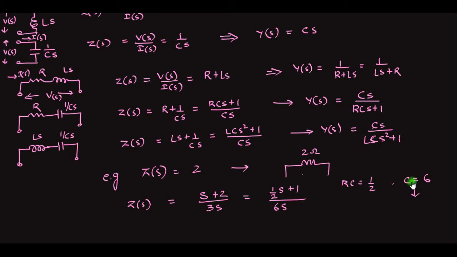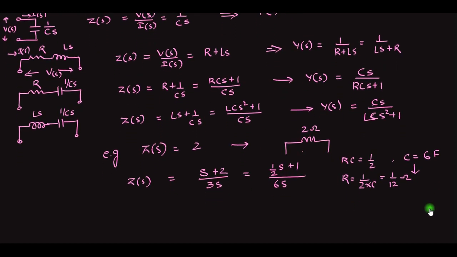This gives me that the network, while realizing, will consist of a capacitor with a value of 6 farad and a resistance where resistance is equal to 1 by 2C, where C is 6 farad, so the resistance will be 1 by 12 ohm. This way we can synthesize the networks only if we know the different forms of driving point impedance functions.